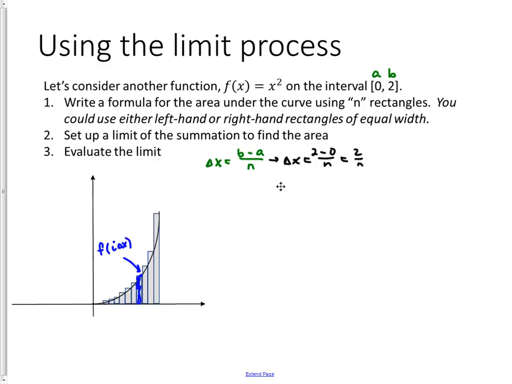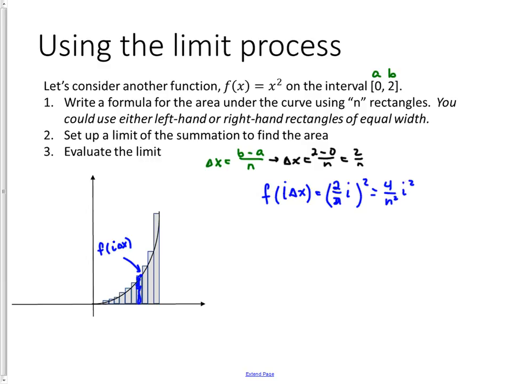So for our purposes right here, f of i delta x will be the same thing as saying 2 over n, which is delta x, times i, quantity squared. And so that's going to be 4 over n squared i squared.